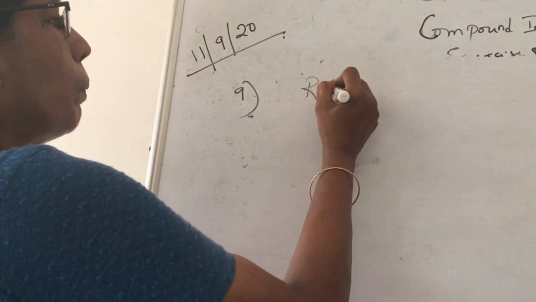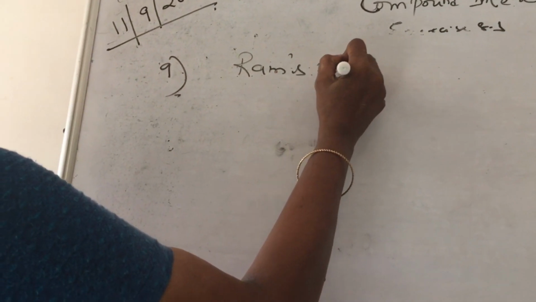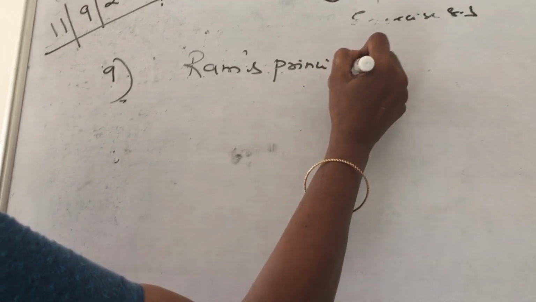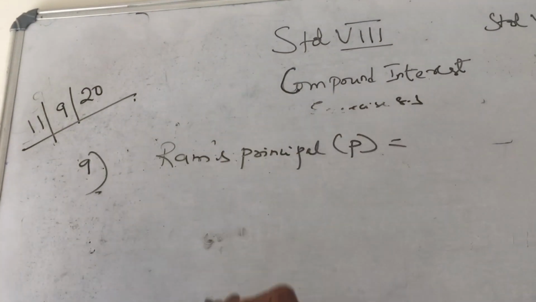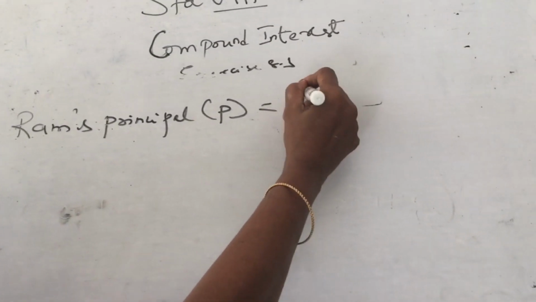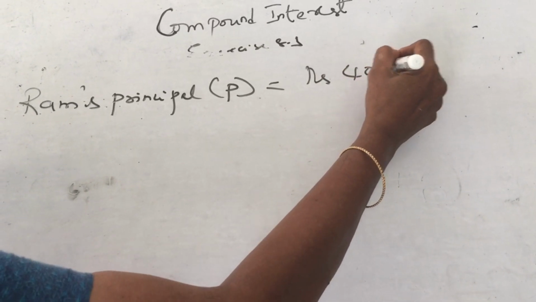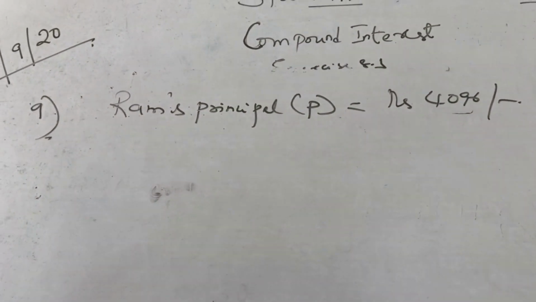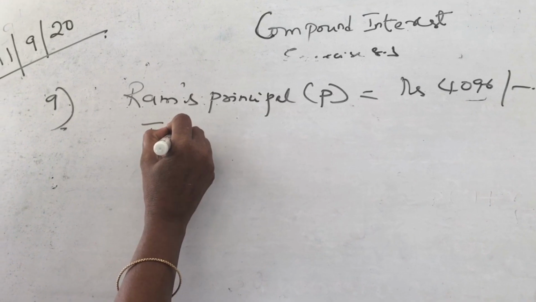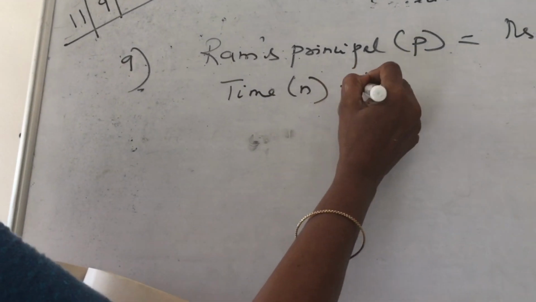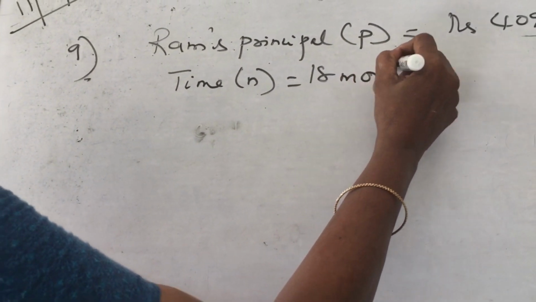Ram's principal. What is Ram's principal, children? How much is the investment? It is rupees 4096. Yes. And the time n. Time. Don't get confused, children. Months. All of you know very well.